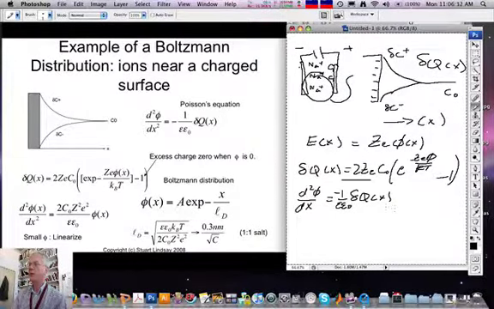So now we have a differential equation which says that the second derivative of the electric potential is equal to an exponential function of the electric potential. This is a difficult equation to solve, and so we're not going to do it.